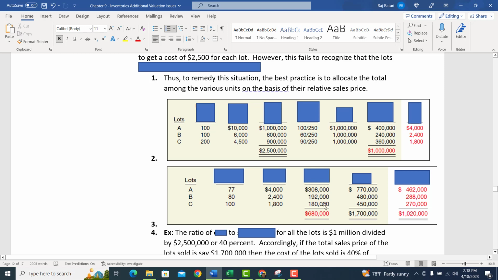What's interesting is you can also take a ratio of the cost of goods sold divided by the total sales, and you can multiply that by the sales to get the cost of goods sold. If you're given that ratio, you can multiply it by the sales to get the cost of goods sold.